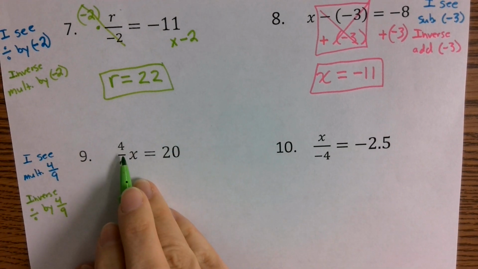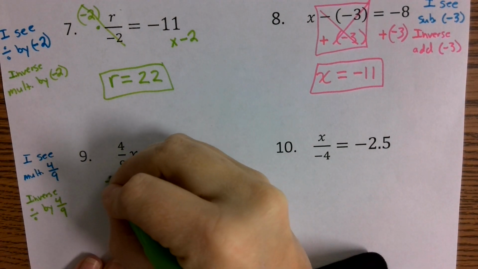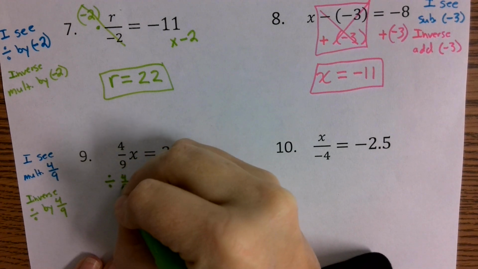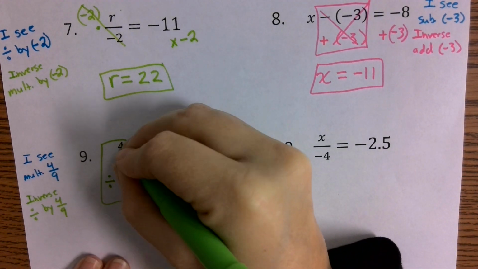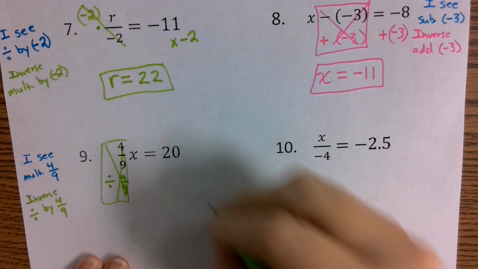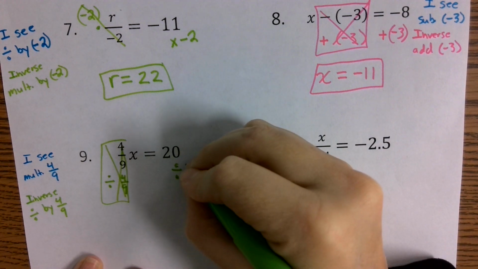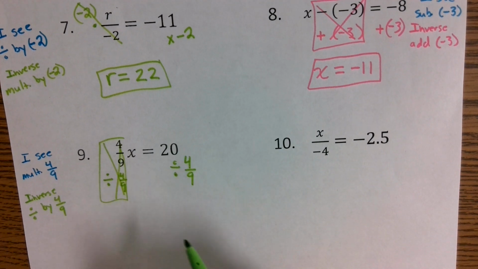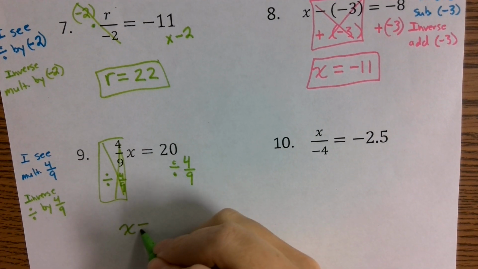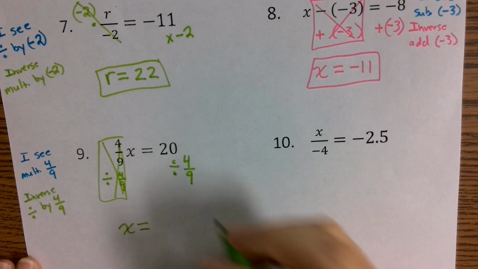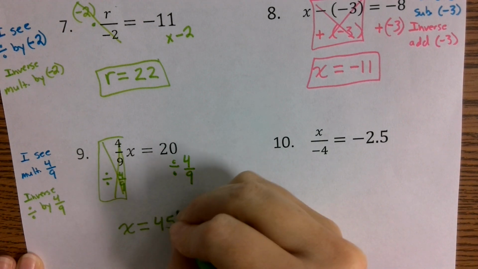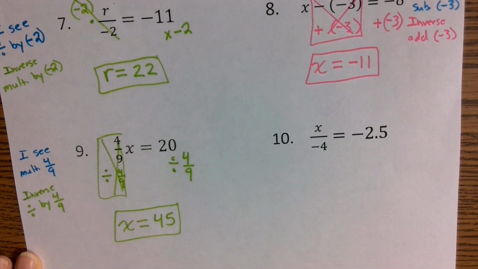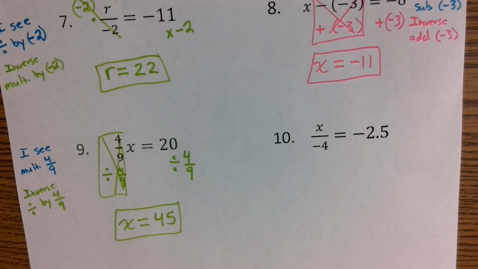So we're going to take 4/9 and divide it by 4/9. And then we're going to take 20 and divide it by 4/9. What will that give us? 45. Good.